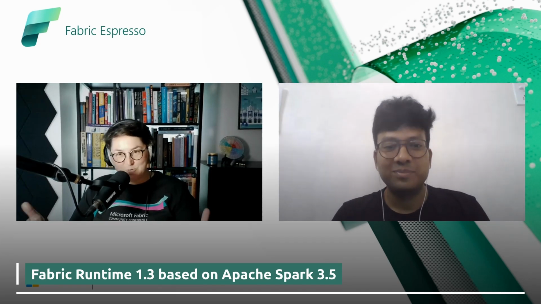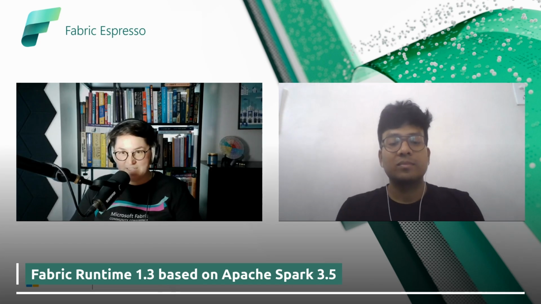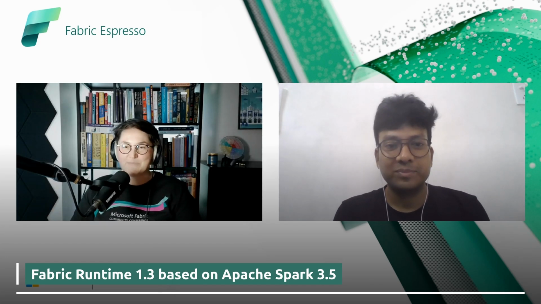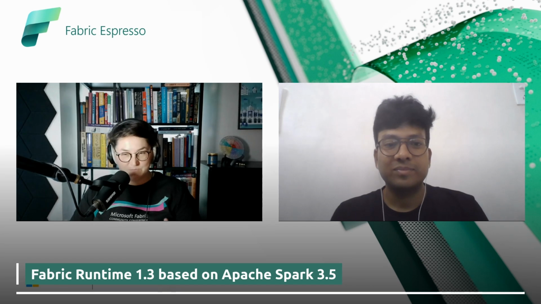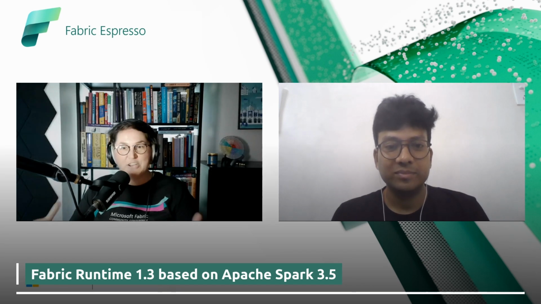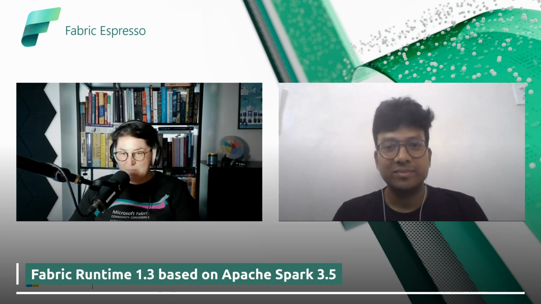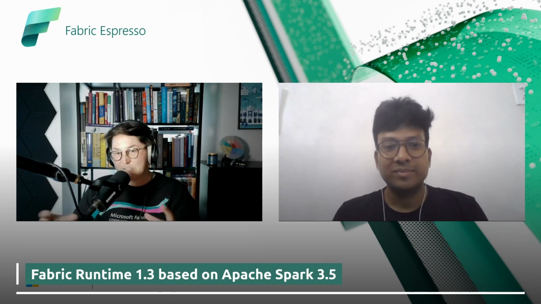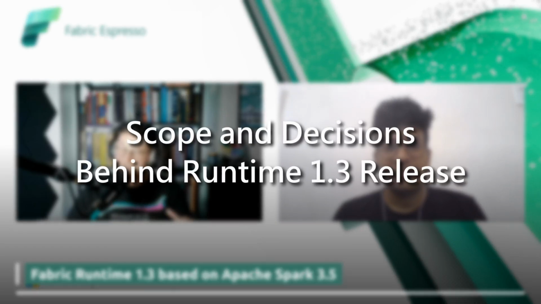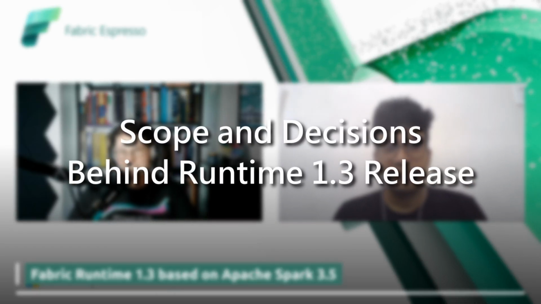Actually, as you drove the experimental public preview of this runtime, it was the very first time we decided to limit the scope and deliver a new runtime version with the newest Spark, the newest Delta, and the newest Python as soon as possible. But can you tell us more? What was the scope and what decisions led to releasing that runtime?